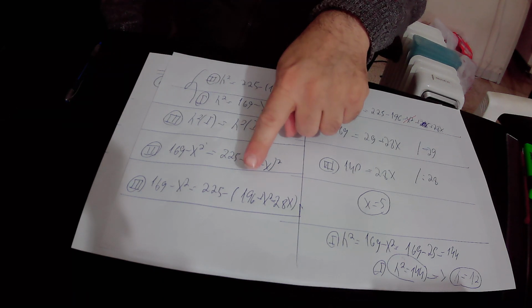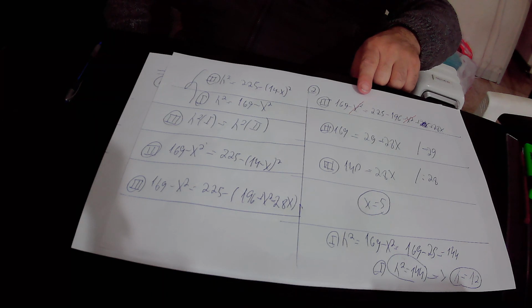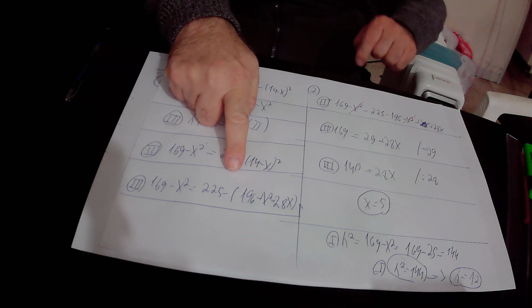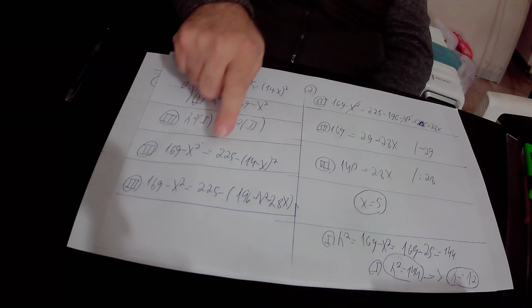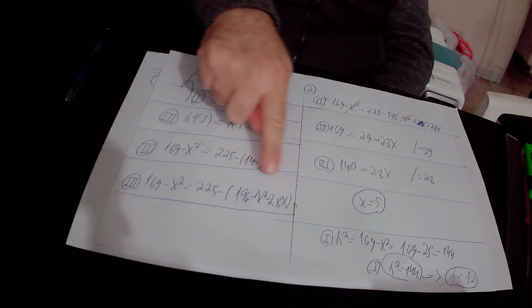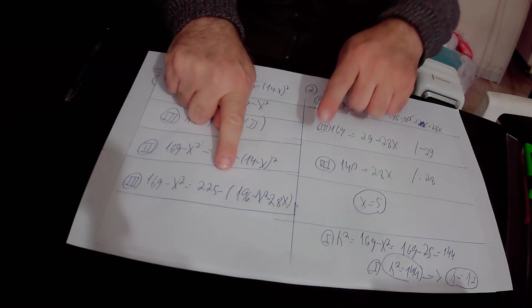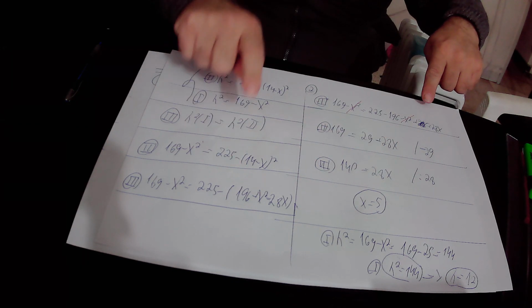Then we open the brackets here and found that 169 minus X squared equals 225. After we open the brackets here, we have minus 196 minus X squared, and minus is plus. So it will be plus 28x.